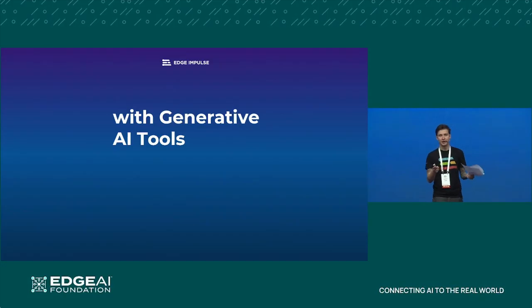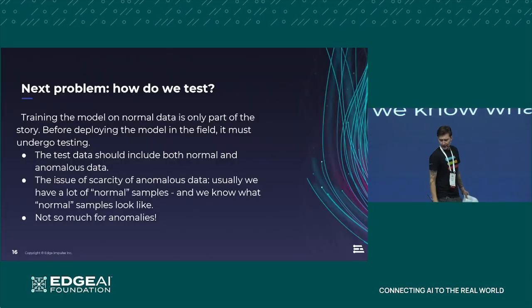I think it's coming. It was already mentioned today, but it's not yet there. So how we apply generative AI is for data curation, data collection, and everything that helps you create the model that you want to run on the edge.